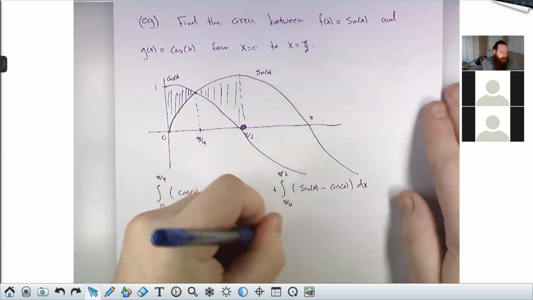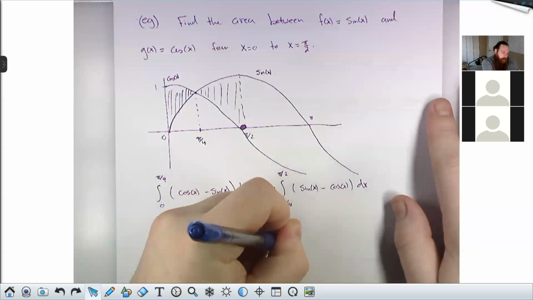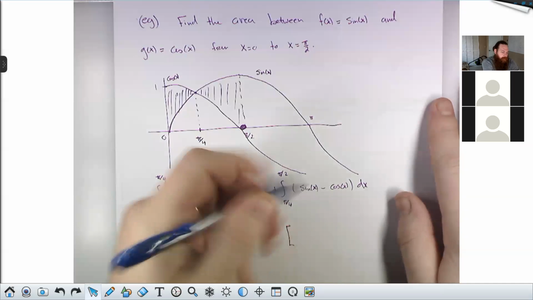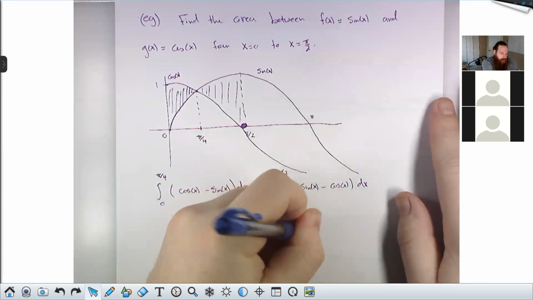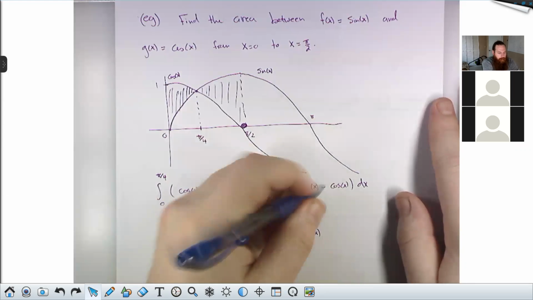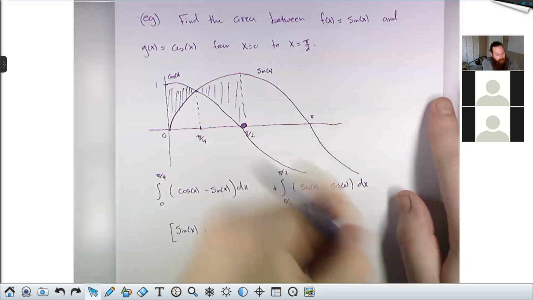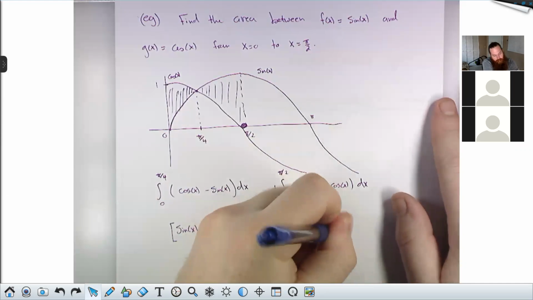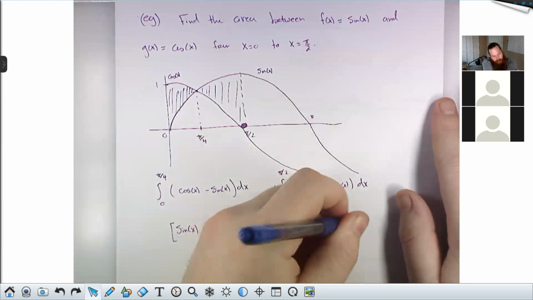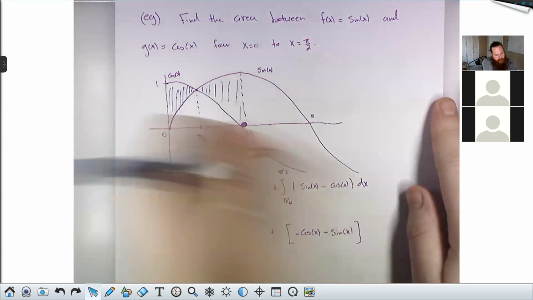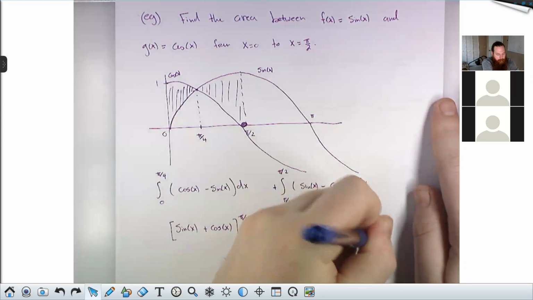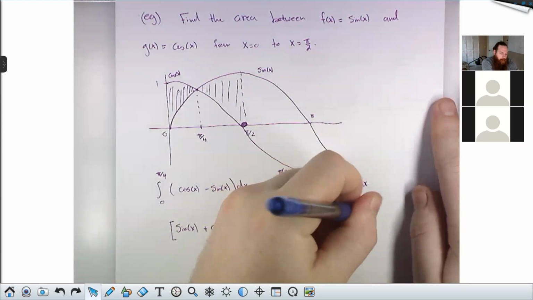And similarly over here, a guy who differentiates to sine, that's negative cos, minus a guy who differentiates to cos, that's minus sine. And this piece is evaluated from pi over 4 up to pi over 2.